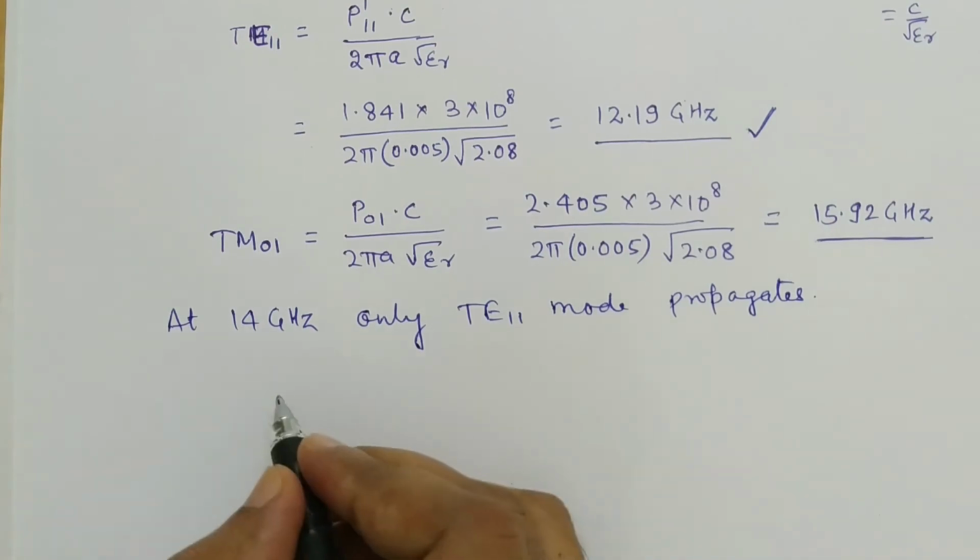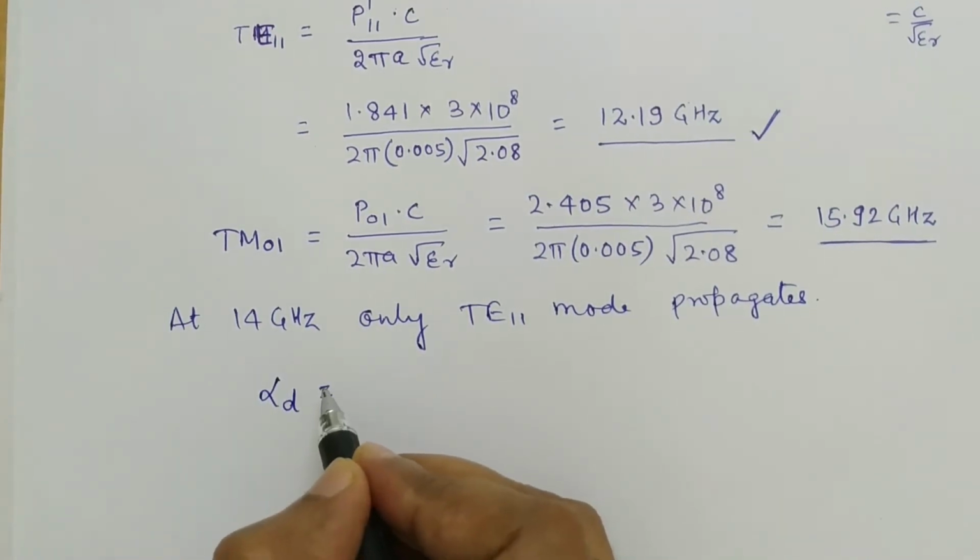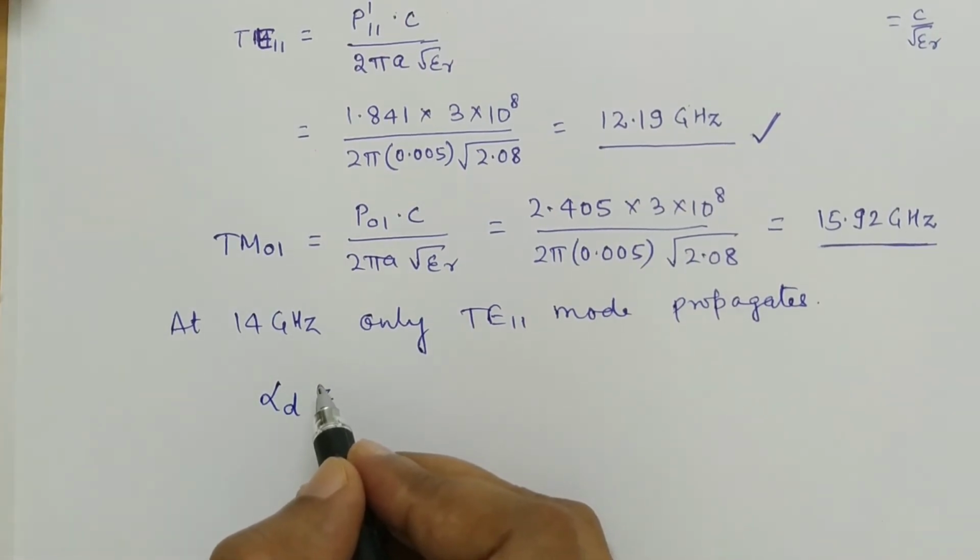And we can calculate the dielectric and conductor loss, as we know the formula alpha D equal to K square tan delta by 2 beta.